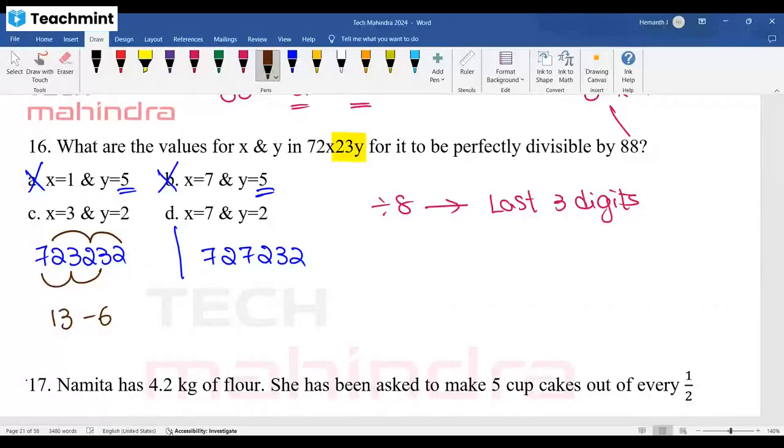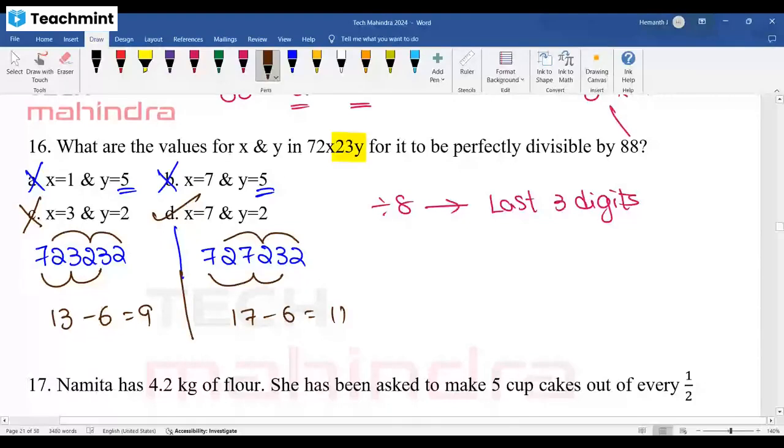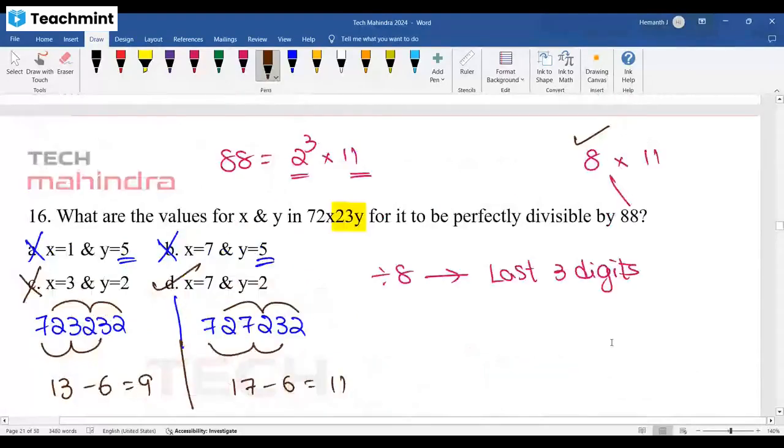Whereas here, 7 plus 7 plus 3 is 17, and 2 plus 2 plus 2 is 6. The difference is 11. This is divisible by 11, not the other one. You have to take the alternate digit summation and the remaining digit summation. The difference should be divisible by 11. Then only the entire number is divisible by 11. So option D is correct. Divisibility related.